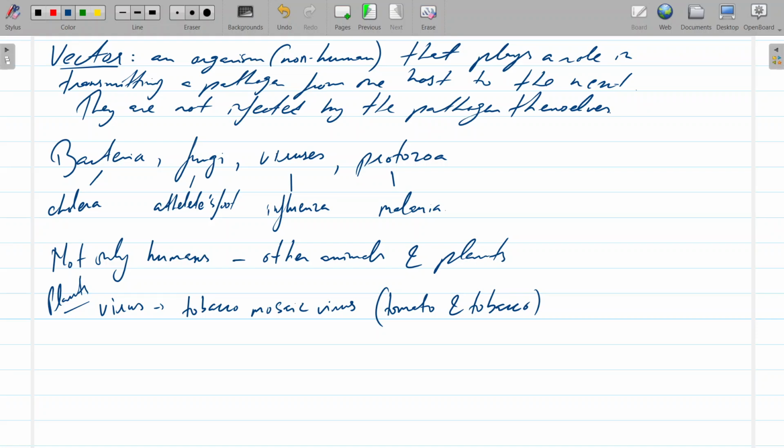Then you've got fungi that grow on plants and digest them, for example bracket fungus. So these are examples.